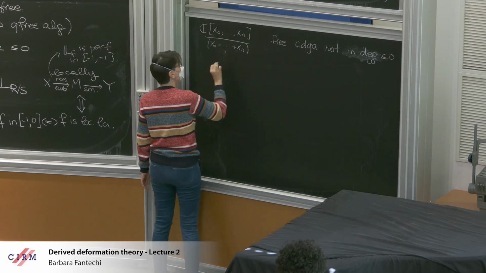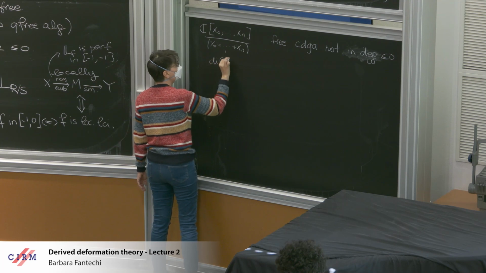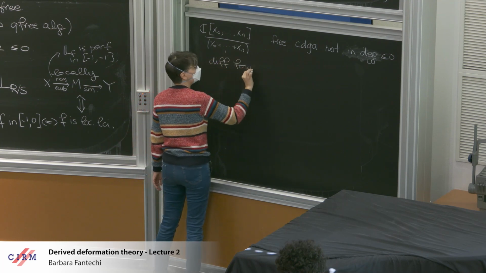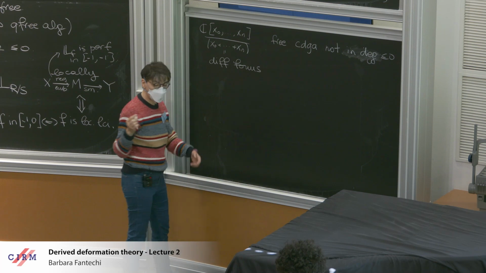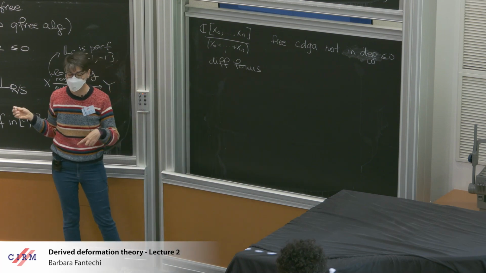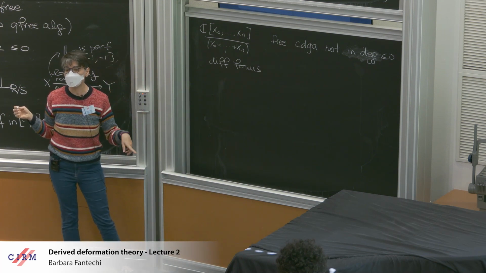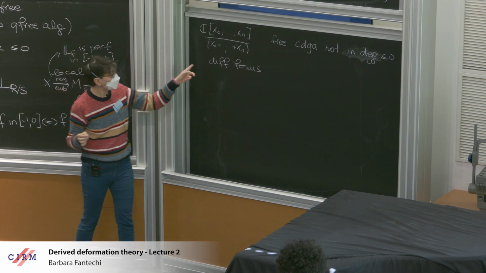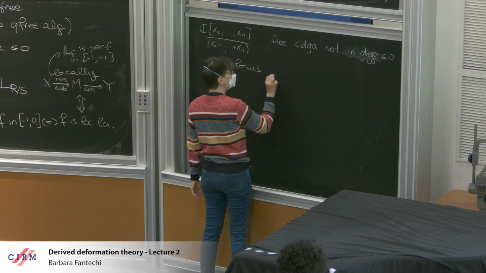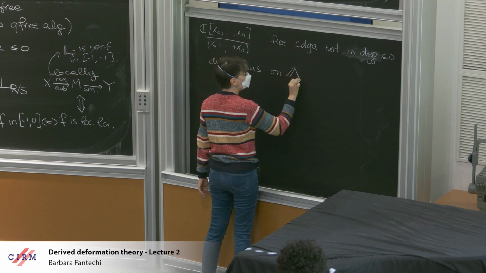This is the algebra of differential forms. Remember, we had our original example, which were infinity differential forms on a manifold. And this is the differential forms on A^n.